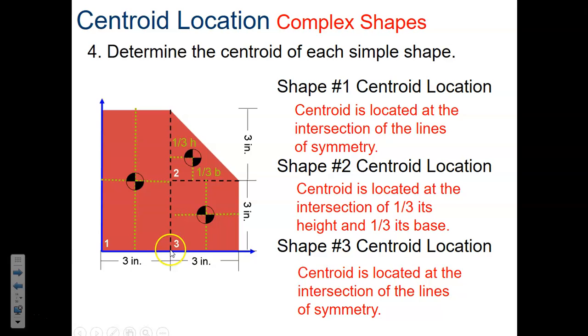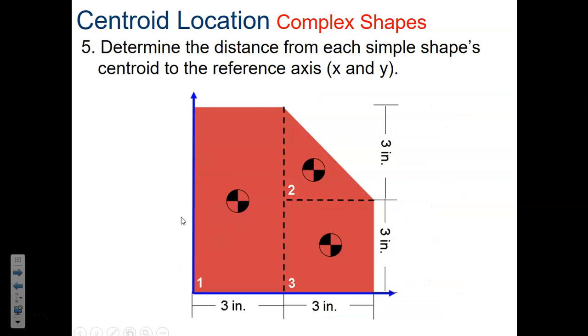So this is 3 inches plus 1.5 inches gives me 4.5 inches. That's my x centroid location. And then my y centroid is 1/2 of the height, so 1.5 inches. Now there's no shape for me to add this on because it's already on this axis that I'm referencing. So it's just 1.5 inches for my y.